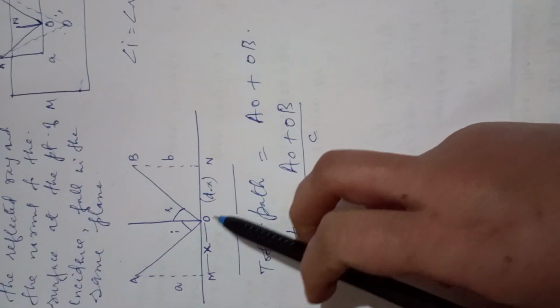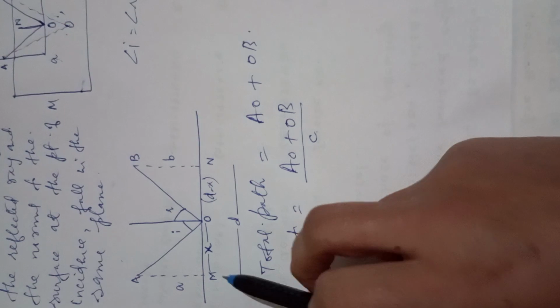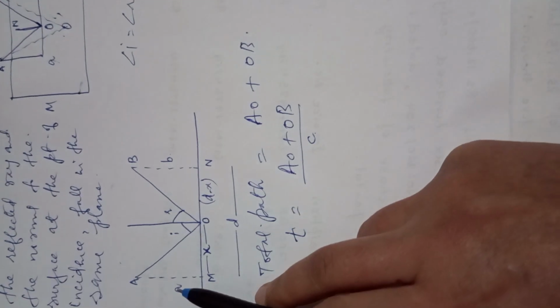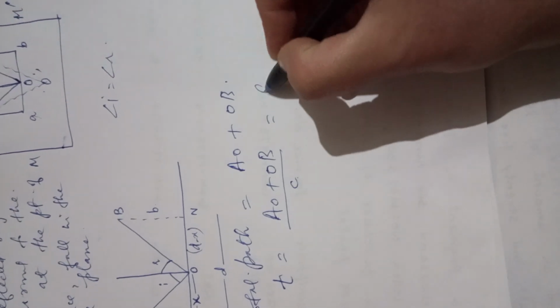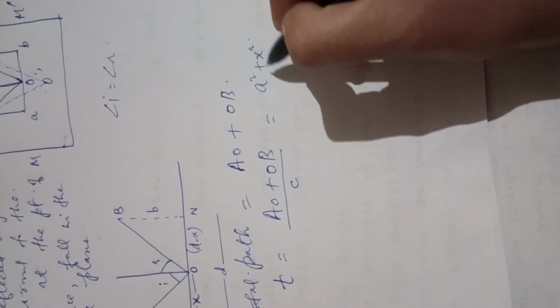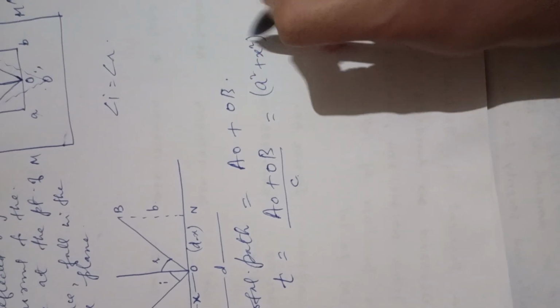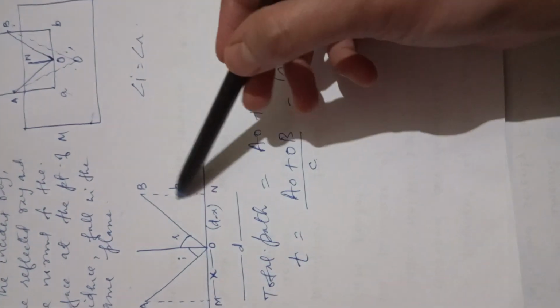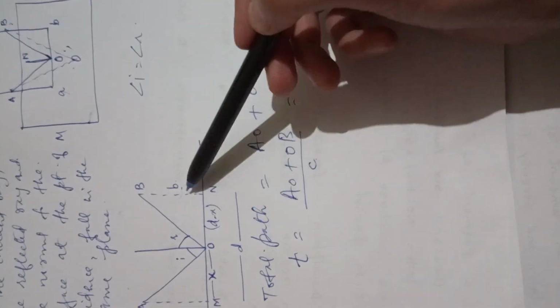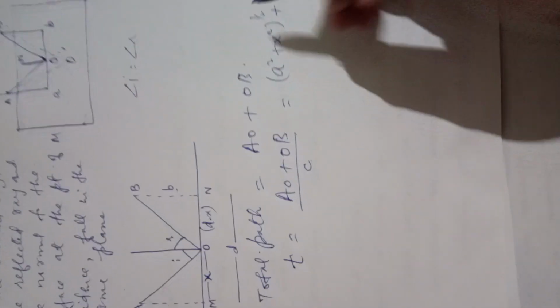Now find this AO. From this triangle you can find that AO is equal to the square root of a square plus x square. And for OB, what can you write? This is the square root of b square plus (d minus x) square.